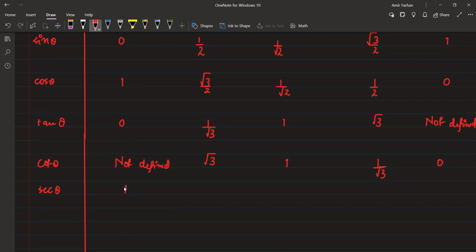And if you reciprocate this number, here this is h and this is b, sec theta is basically h by b, so it will be 2 by root 3. Sec theta is equal to 1 by cos theta, that is 1 by root 3 by 2. This is a double division, so it will go in the numerator and become 2 by root 3. Clear?